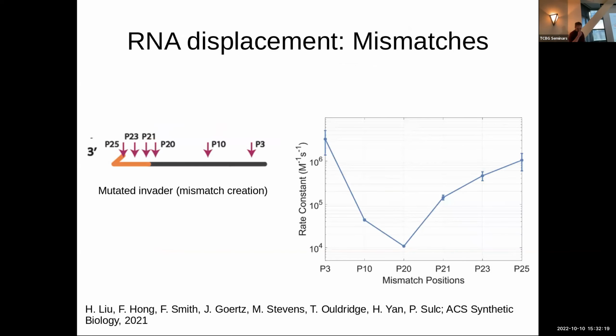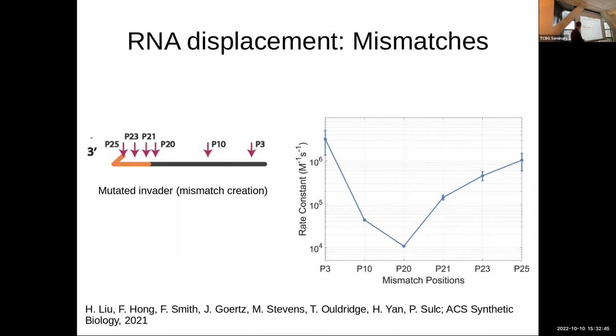So I didn't show the simulations for the effects of mismatches because we didn't do them for RNA, but others have done that for DNA. And they showed that the system is the most sensitive if the invader has a mismatch with respect to the substrate close to the toehold region. Because it's a kinetic process, and you bind, unbind, you bind, unbind. If the kinetic barrier you have to overcome is very close to the start of the displacement, it really kills you the most.